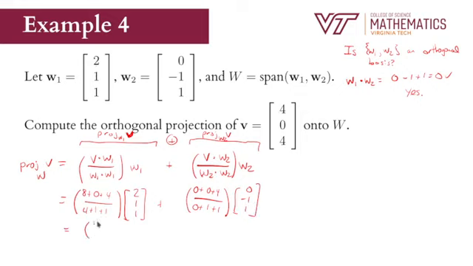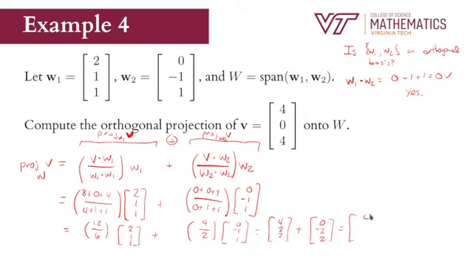So this is 12 over 6 times 2, 1, 1, plus 4 over 2 times 0, negative 1, 1. And so 2 times this vector is 4, 2, 2. And 2 times this vector is 0, negative 2, 2. When we add them together, we get 4, 0, 4, which turns out to be V itself.